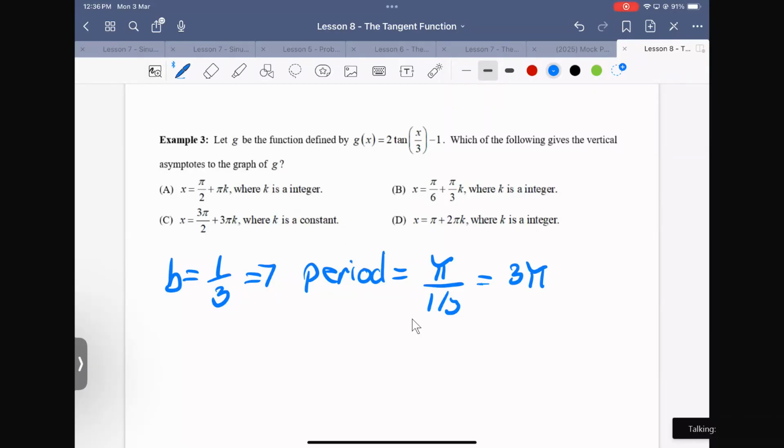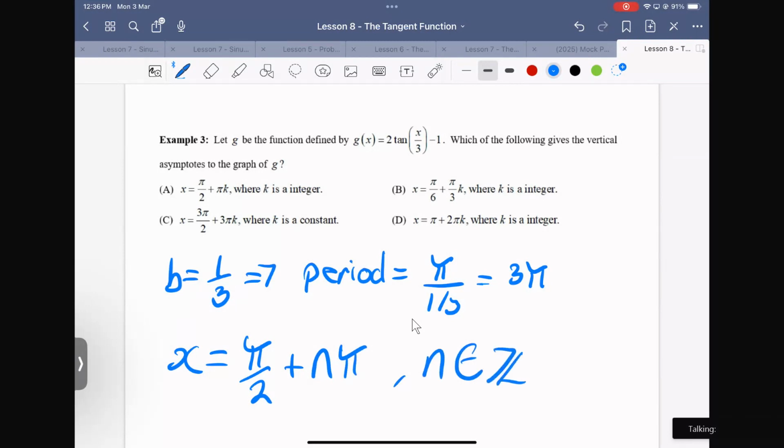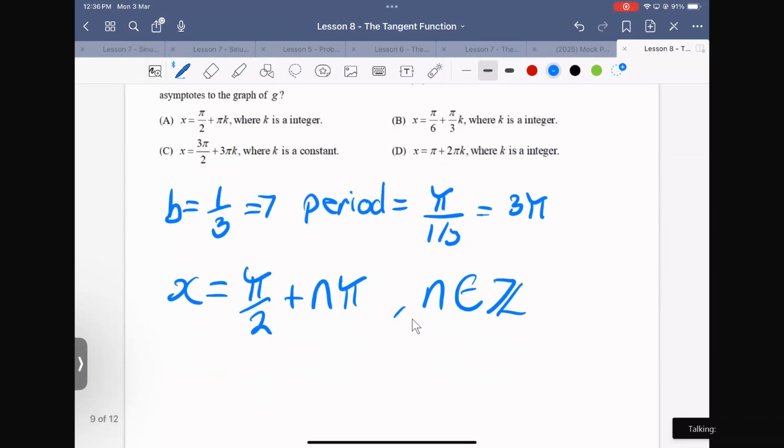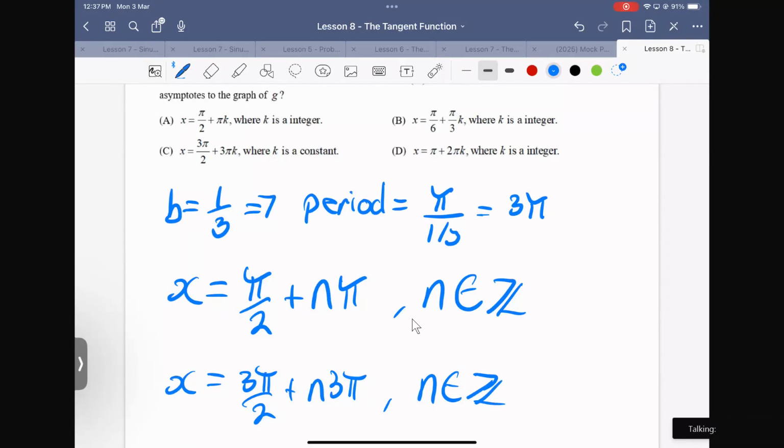So we have this function where they're going to occur normally at intervals given by this. If we multiply this by 3, then they're going to be at 3 pi over 2 plus n 3 pi, intervals of integer. That gives us C.